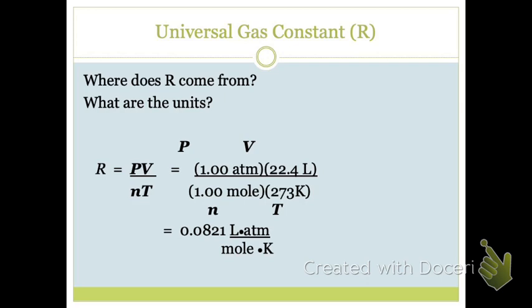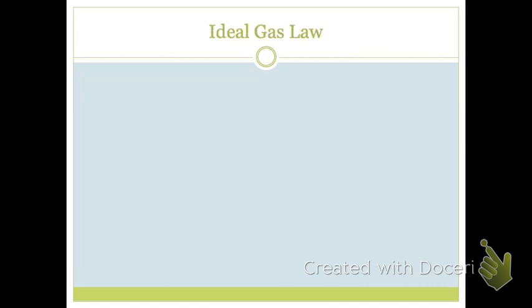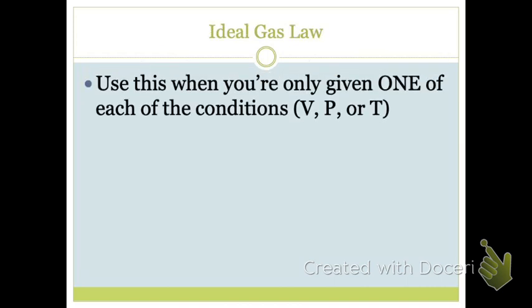And so that constant allows us to look at the direct correlations in the different situations. Okay? We use the ideal gas law when we're only given one set of our conditions. So we're not given a before and an after. Right? The ideal gas law is just a snapshot of one time, so we're not seeing a change.